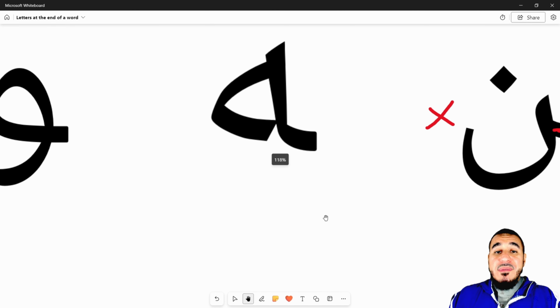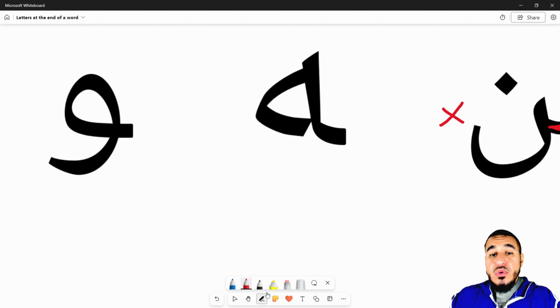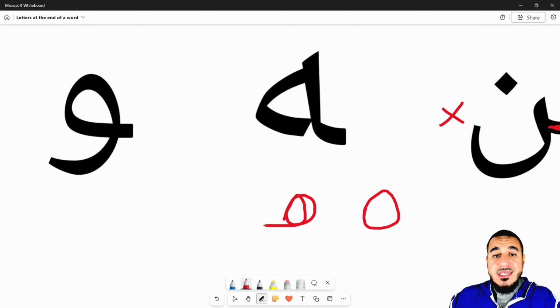And then how about the ha? So the ha is one that also looks quite different. We said it looks like this when it's by itself, and when it's at the start of a word it would look like this.